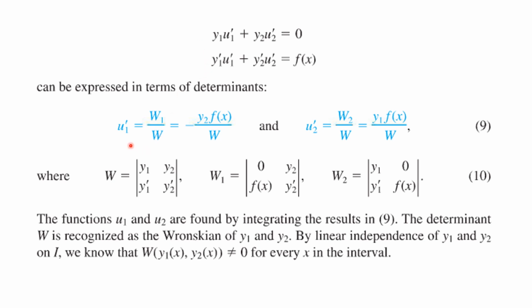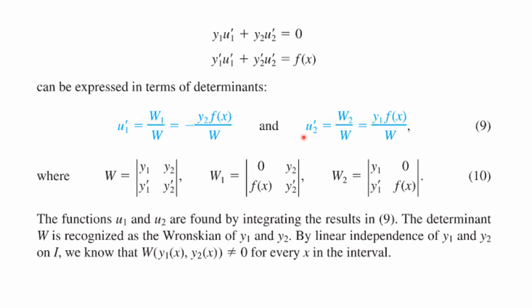with is u1 prime is equal to W1 over W, and W is shown here as this determinant. W1 is shown here, and W2 is shown here. And again, this lines up with Cramer's rule. So u1 prime is W1 over W, and u2 prime is W2 over W. Now you see, and by the way, this is the step that I go directly to, because now I can solve this differential equation for u1 and u2.